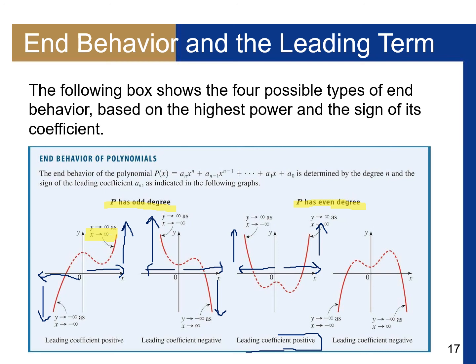And then I also have as x approaches positive infinity, then y approaches negative infinity. And as x approaches negative infinity, y still approaches negative infinity. And that's if my leading coefficient is negative. Okay, so there is so much information in this one little chart.